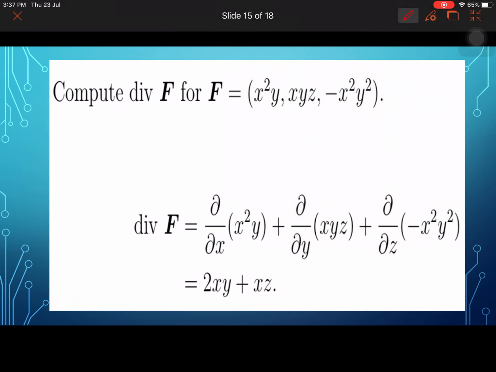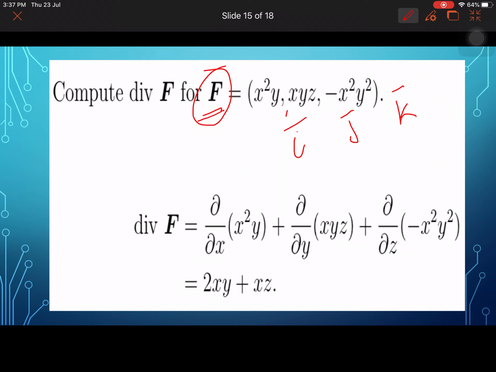As I told you earlier, it is difficult to write i bar, j bar and k bar, even in this PPT, and even in textbooks. So in certain books it is written like this: f bar, they put it in bold letter, f bar equals x square y comma xyz comma minus x square y.